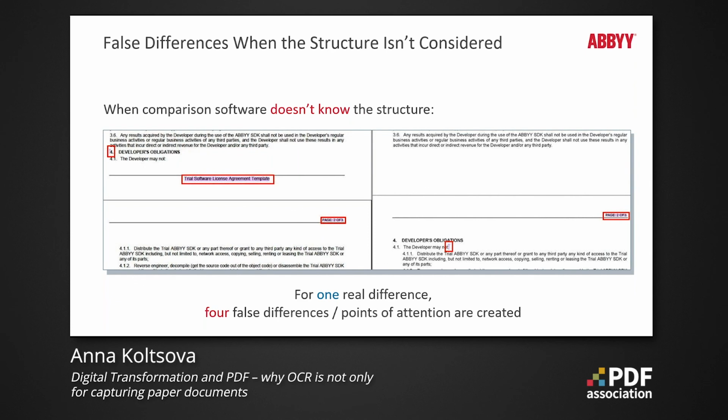False differences are unnecessary and unwanted points of attention for the user, which makes them spend more time to analyze and eventually get tired, decreasing the level of attention and overall productivity. That's why we want to minimize them.